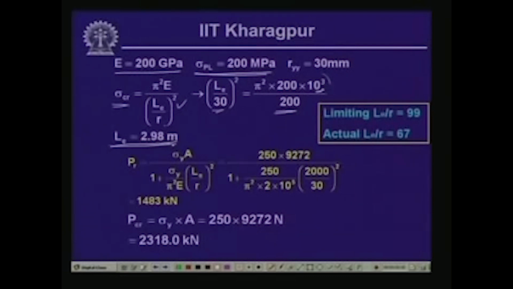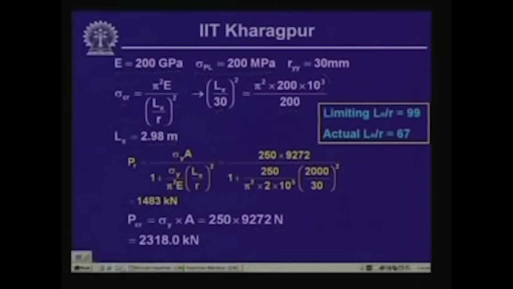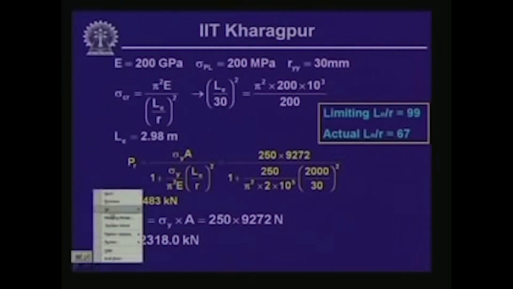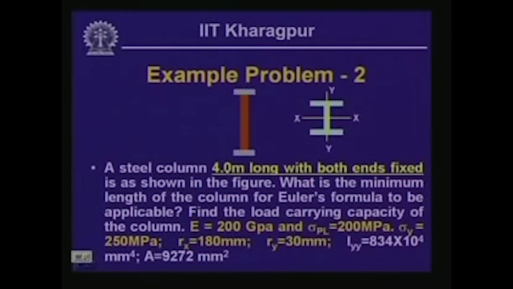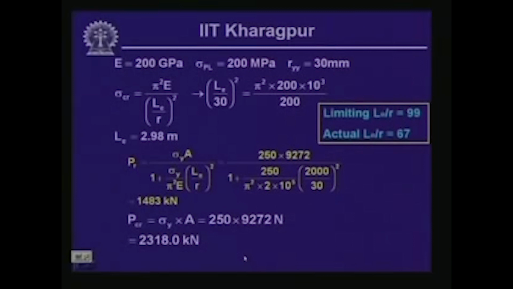So, that means this is the minimum length that is needed for the member so that we can apply the Euler's critical buckling load formula, and mind that this is the effective length L E. Now, the member which we have considered is a fixed ended member, and as we have seen, for a fixed ended member the critical load is equal to 4 pi square E I by L square, and thereby the L becomes L by 2.